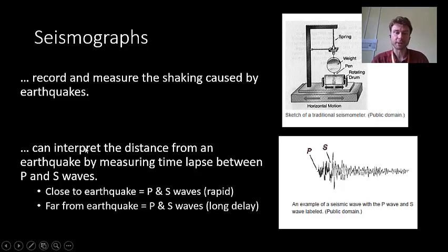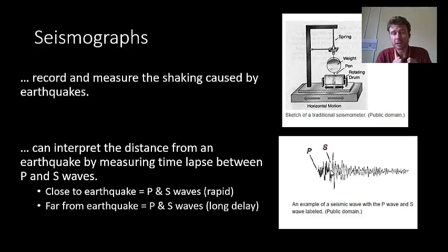So these seismographs, they can interpret the distance from an earthquake by measuring the time lapse between P and S waves. If the seismograph is close to the earthquake event, then the P waves and the S waves are going to be very close on the record, right?